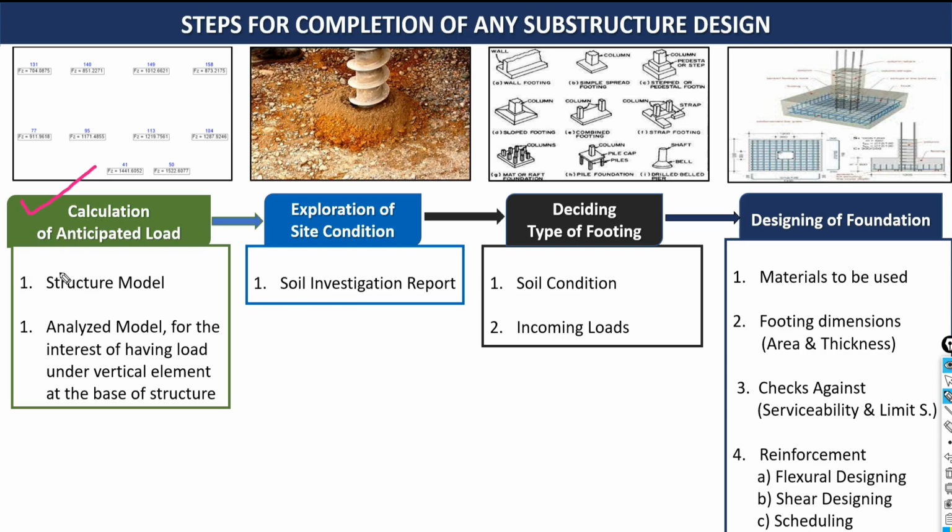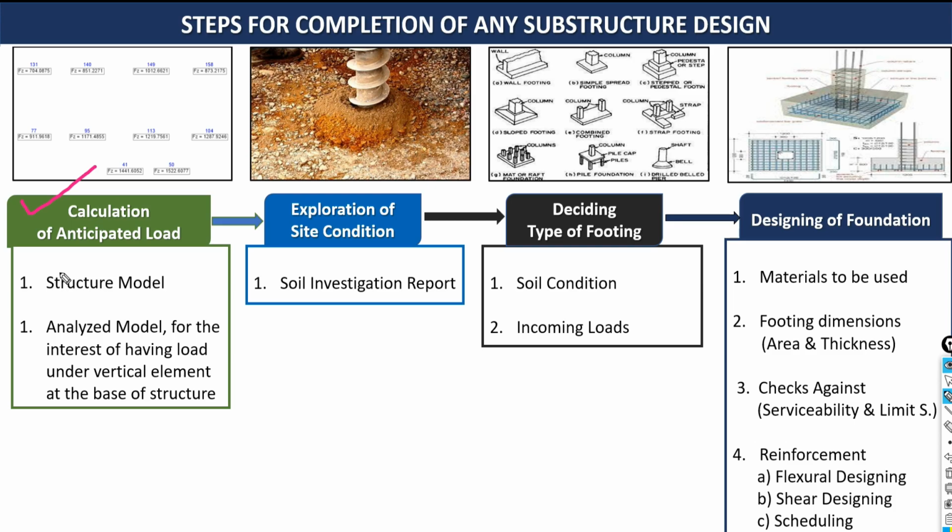To get the load under any particular column, under any particular structure, you need to have a model. You can use any software, not only ETABS, not only STAAD Pro, and any other software like Tekla is also there.